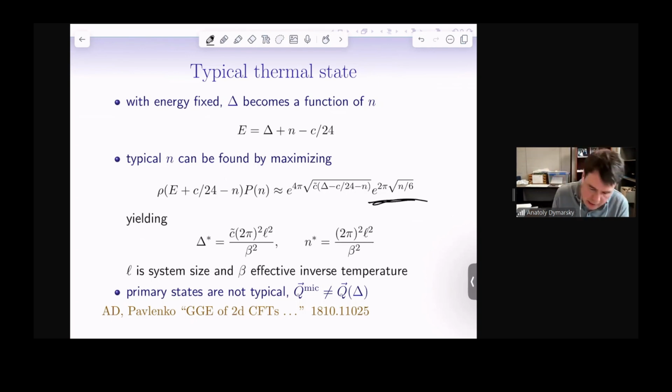And you see that if you fix energy density, effective temperature fixes energy density, then you have certain primary and you have certain descendant. And if your size of the system goes to infinity, I'm considering it's a CFT. You can always take the spatial circle to be of order 1. But I prefer to think of it to be very, very large and the energy density to be finite.